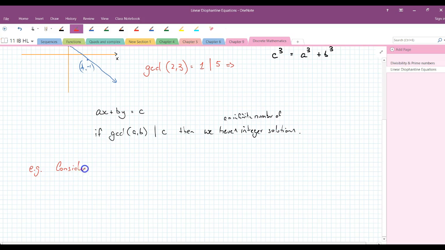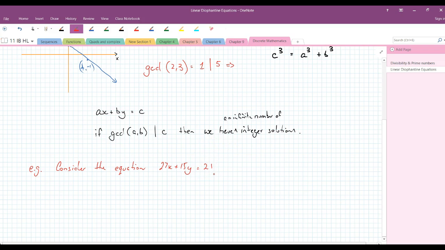Consider the equation, the one that's given to us in the book: 27x plus 15y is equal to 21.